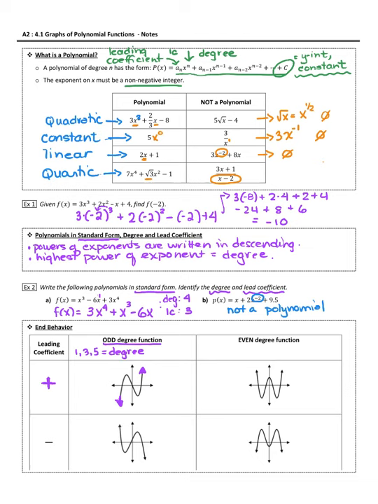So odd degree, first of all, the fact that it's odd means your end behaviors are in opposite directions. Let's get that across. So why don't I put that here? Odd degree, end behavior is in opposite directions.